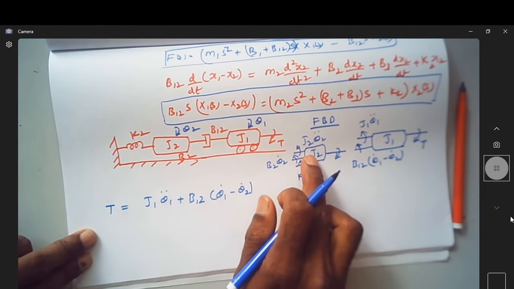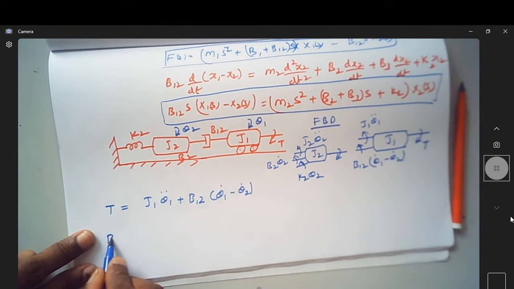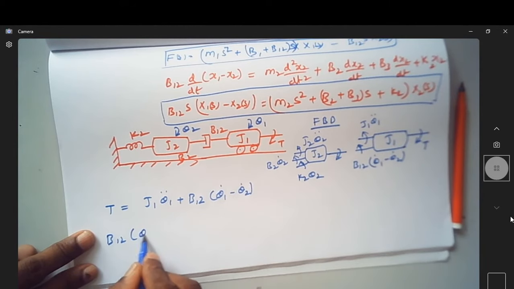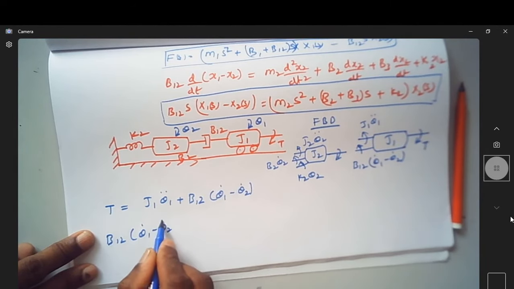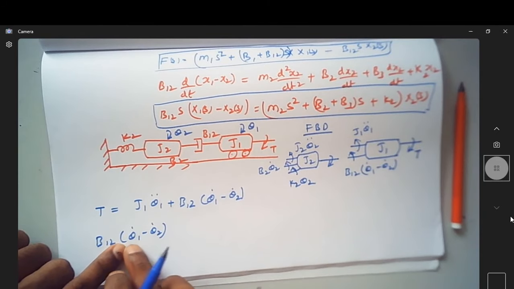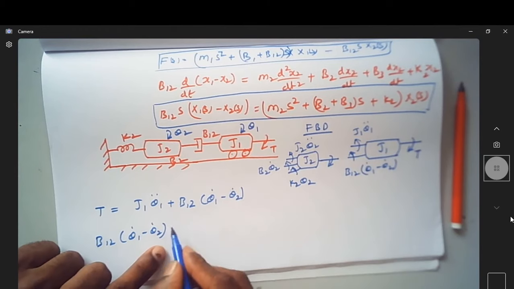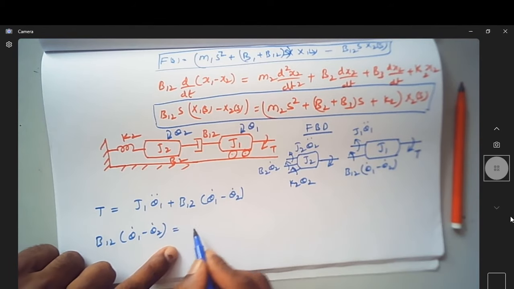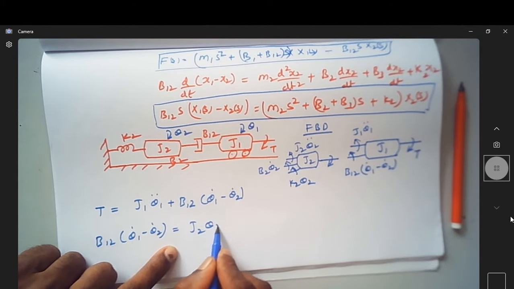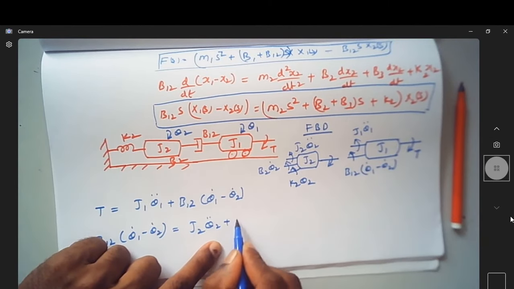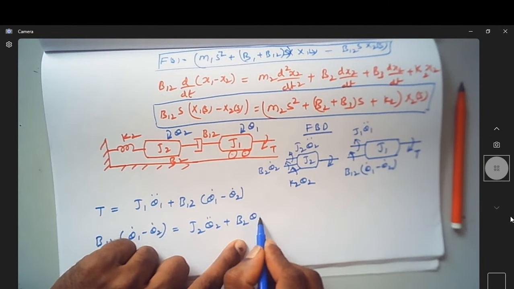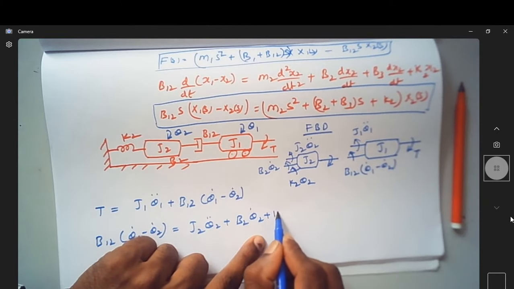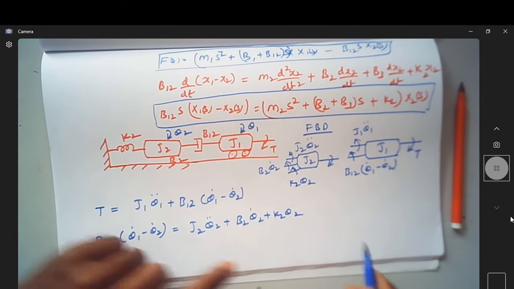What is the acting torque for the second one? It is B12 into theta 1 dot minus theta 2 dot, the derivative of the angular displacement, which of course is relative. Next it is J2 theta 2 double dot plus B2 theta 2 dot plus K2 theta 2.